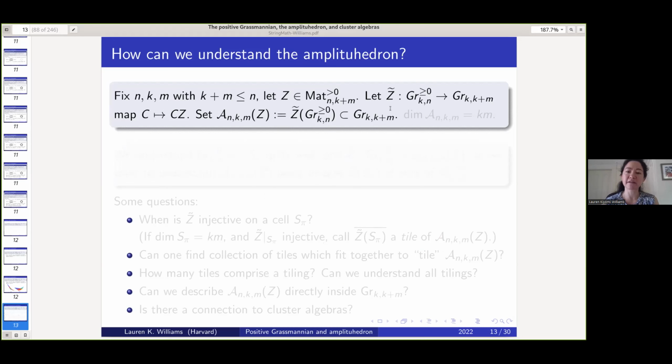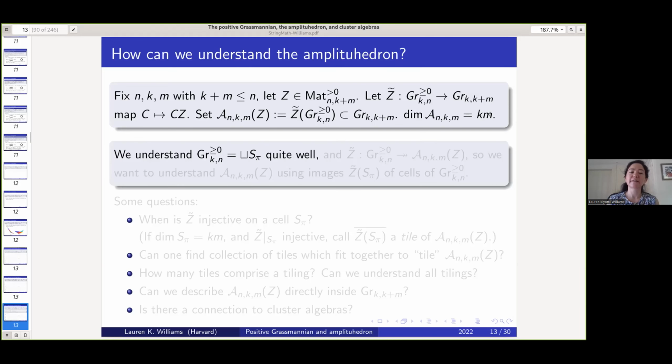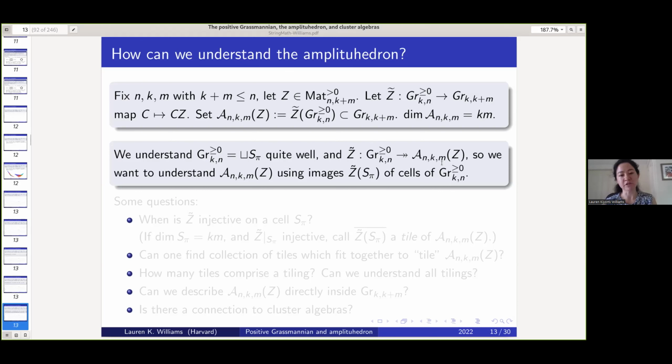It's a subset of the Grassmannian of K-planes in K plus M space, and it has full dimension, so the amplituhedron dimension is K times M. And now we understand the positive Grassmannian very well. It's this nice cell complex, and the positive Grassmannian surjects onto the amplituhedron. So we want to understand the amplituhedron using images of cells of the positive Grassmannian.